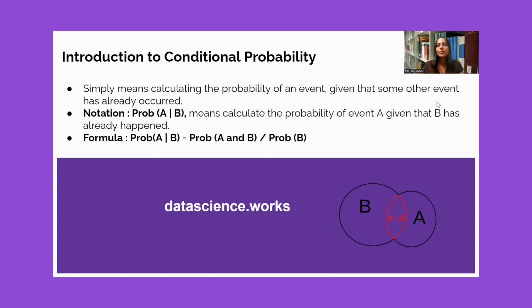The notation for this is probability of A given B, where B is the event that has already happened, and we are interested in calculating the probability of event A. The formula is P(A|B) equals P(A intersection B) divided by P(B). As you can see here, this is event A, this is event B, and this is A intersection B, divided by the total probability of the B event. So this was conditional probability.